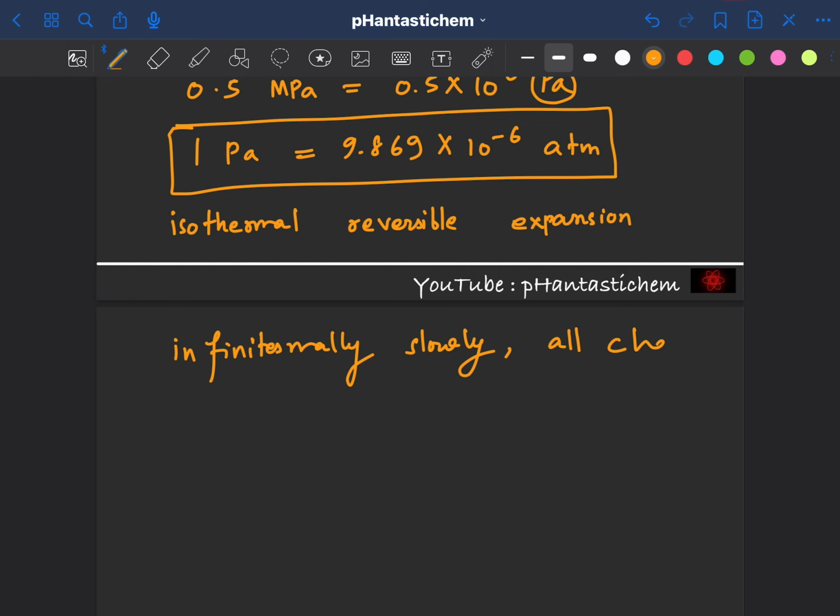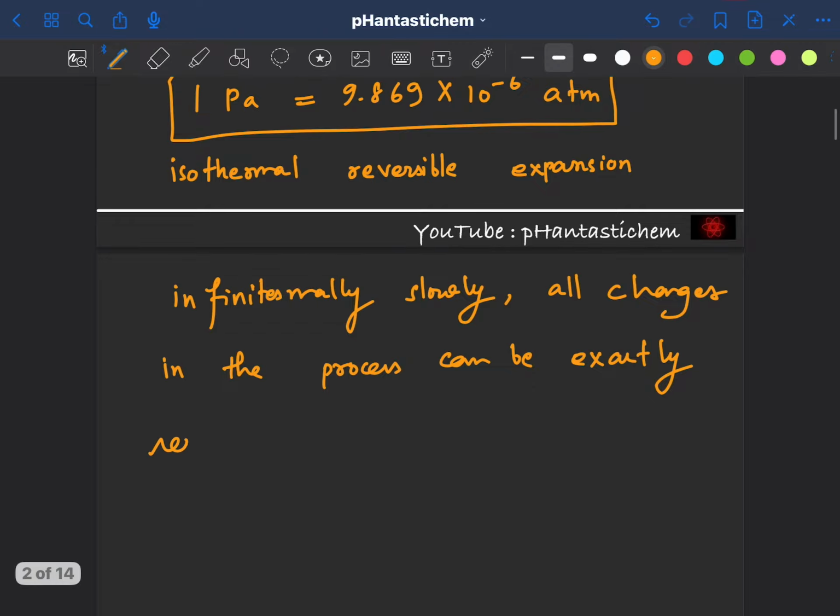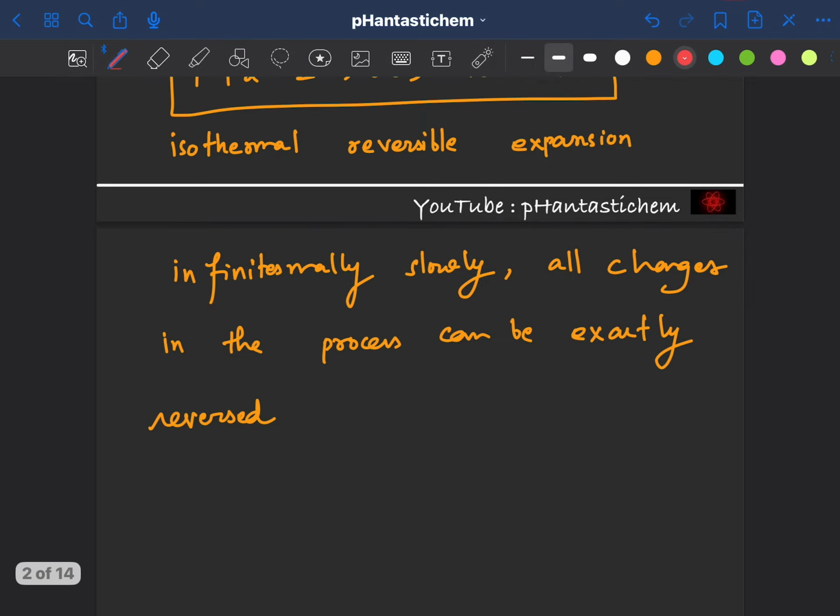All changes in the process can be exactly reversed, and the system is in a state of equilibrium with surroundings at every stage of the process.